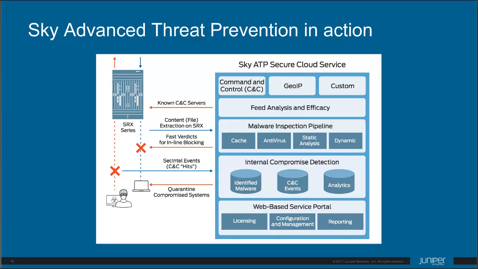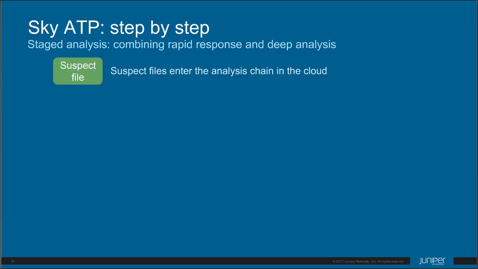Where we're going to focus now in the next slides is the malware inspection pipeline. And these are basically the most important steps that SkyATP will take in order to keep our network secure. So this is where we are going to see how SkyATP works step by step, and it's mainly based on a staged analysis.